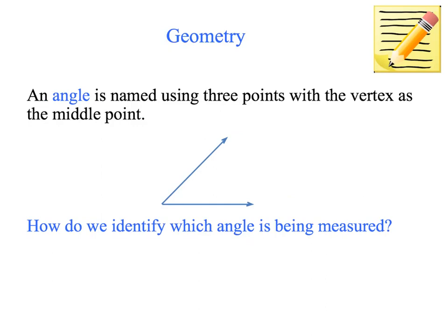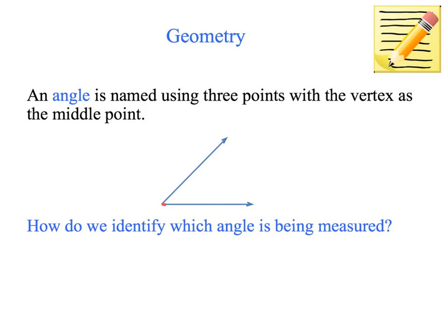Now, as I said, the vertex is the middle point of the angle, so it's here. That's the vertex. And you can see that this angle is made up of two rays. So you've got a ray here and a ray here, remembering that the rays extend indefinitely in one direction, and then they finish here at the vertex.